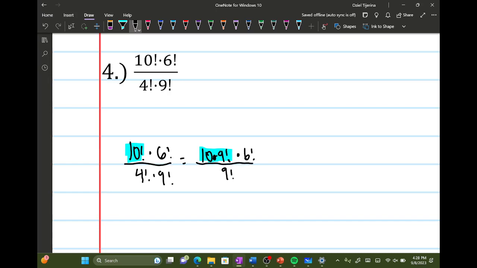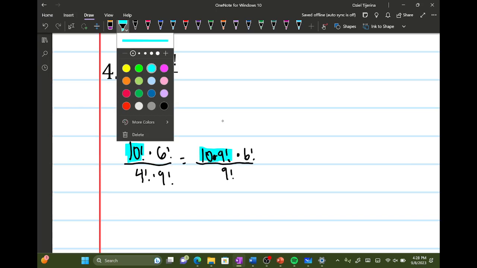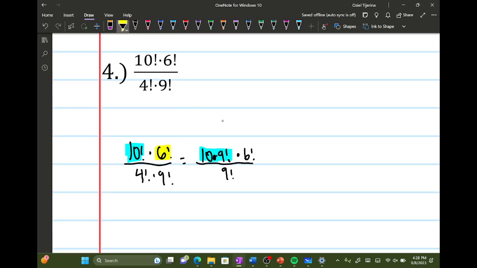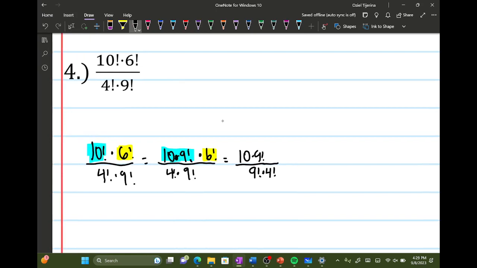And then we know that 6 factorial itself is going to be the following. So we're going to do 10 times 9 factorial over 9 factorial, and we still have that times 4 factorial. I forgot to put that in there. And then it's going to be times 6 times 5 times 4 factorial.